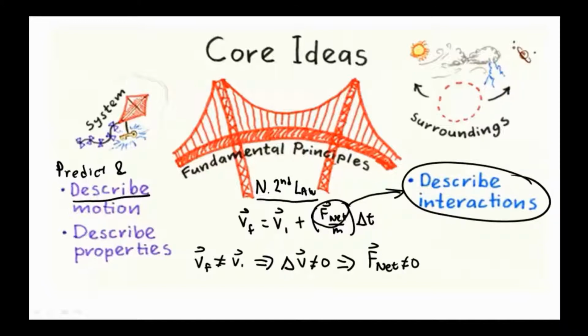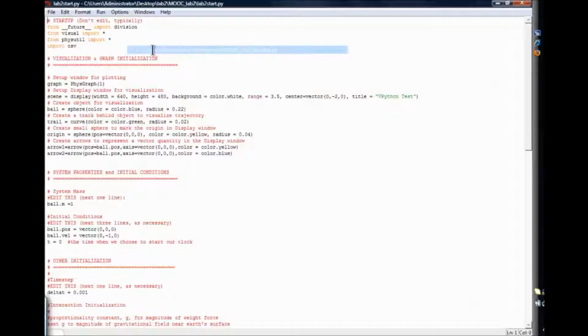We suggested earlier that the Earth exerts a force, the weight force, on the object. So let's start with a model that includes the weight force as the only force, and therefore the weight force is the net force acting on our object. And let's see whether the model we build with that assumption can predict the observed motion.